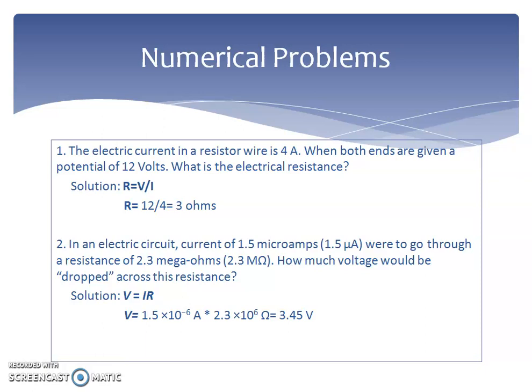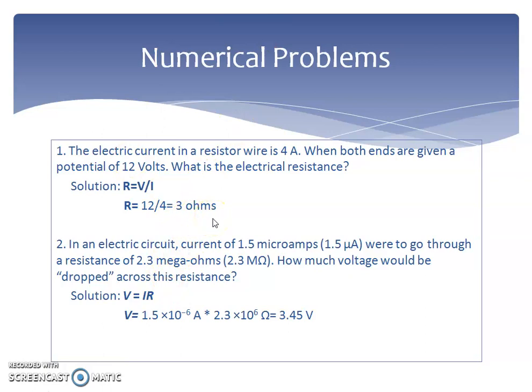We are given the current, 4 amperes, and the potential difference, 12 volts. So we are given I and V. What we have to find, the unknown, is R. So R is equal to V by I, that is 12 by 4, which is equal to 3 ohms. So that is the answer.